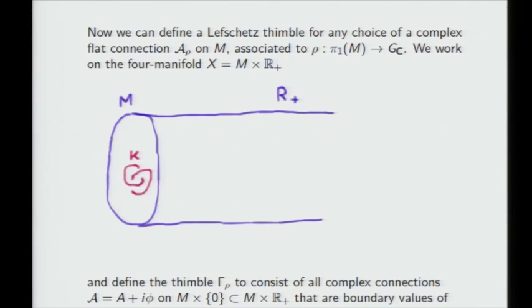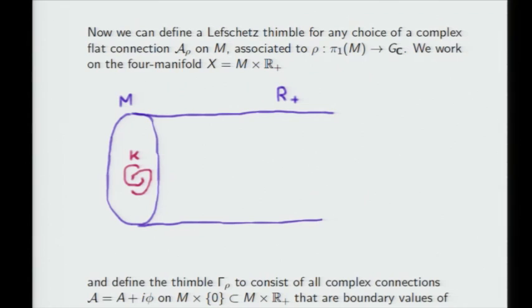So remember, what we're doing is to define a Lefschetz thimble. A Lefschetz thimble is determined by a critical point in general, of the complexified function. So we take any representation of the fundamental group of our three-manifold in the complex Lie group. That gives a complex critical point. We work on a four-manifold, which is M times R plus, because in finite-dimensional Morse theory, you solve the gradient flow equation on a half line to define a Lefschetz thimble.